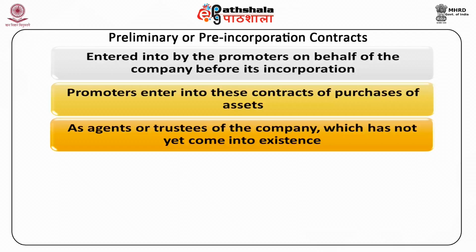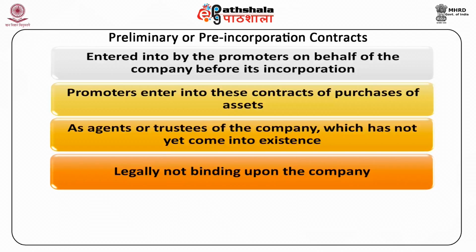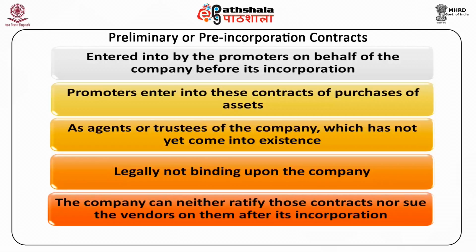Such contracts are legally not binding upon the company even after it comes into existence. The company can neither ratify those contracts nor sue the vendors on them after its incorporation because ratification requires existence of the principal at the time when the contract was entered into.